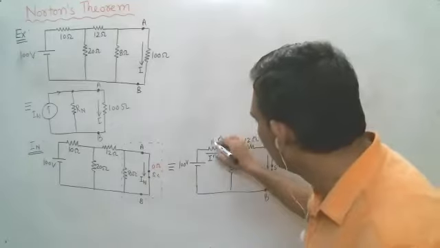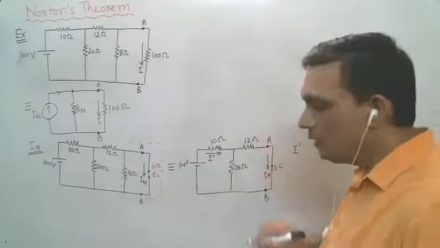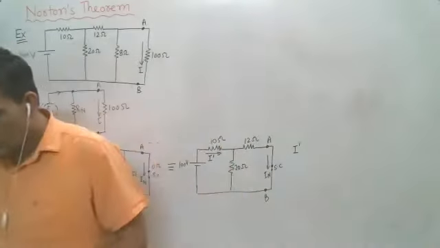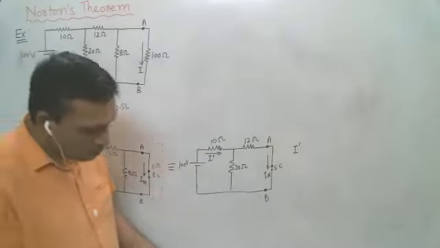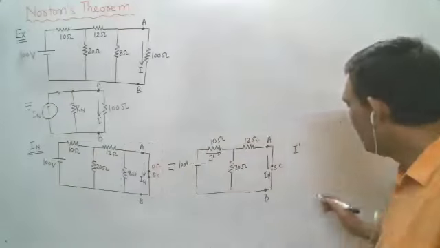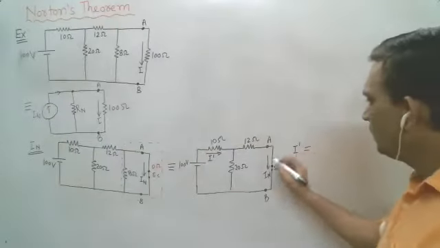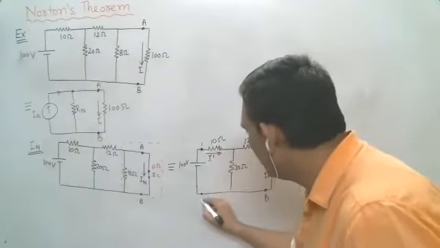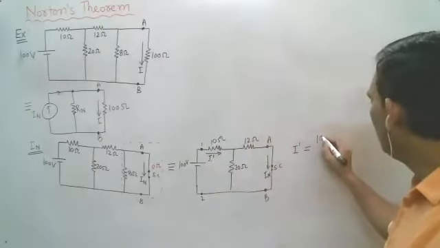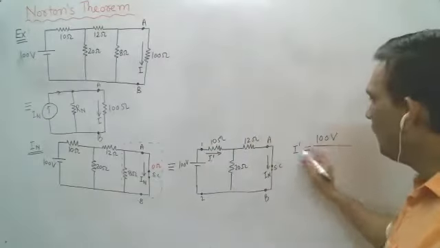This is 10 ohm. 10 ohm, 20 ohm and 12 ohm. Now find I dash. So I dash is, now you have to see the equivalent across these 2 points, 1 and 2. So 100 volt divided by the equivalent resistance.